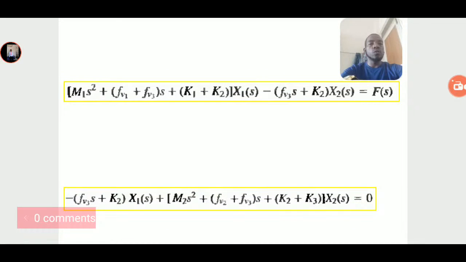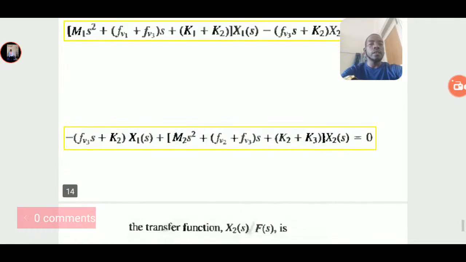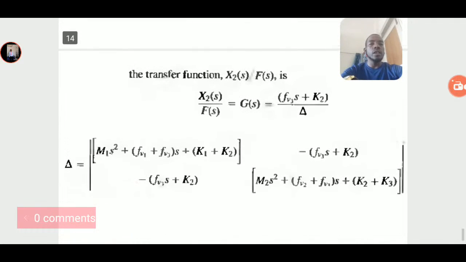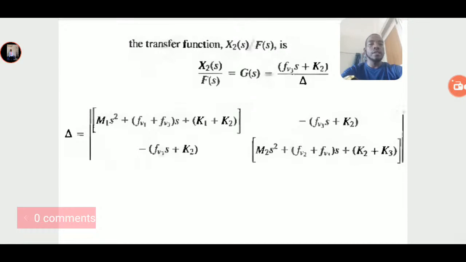To solve these two equations, we are using the determinant value. To form the matrix, we are using the coefficients of f of s and the coefficients of x2 of s.